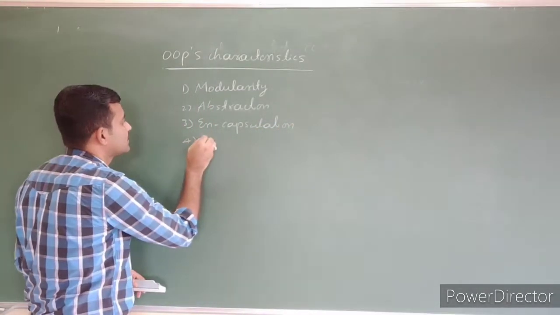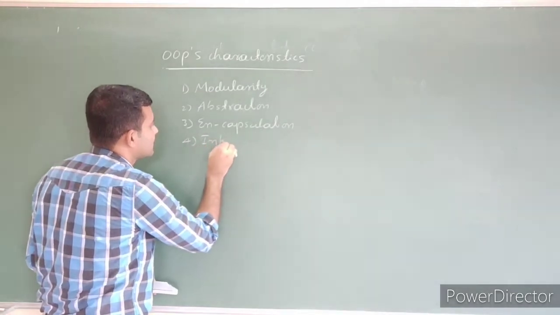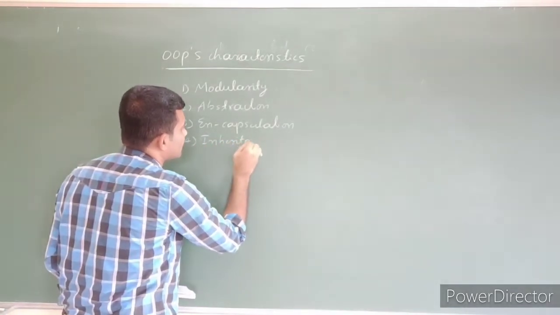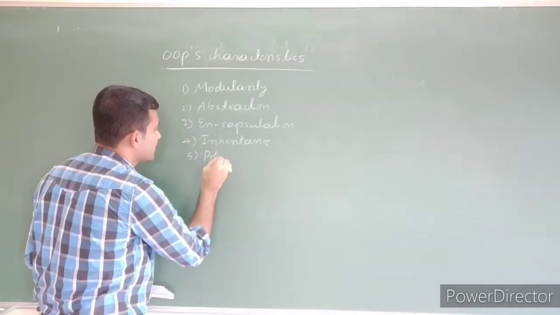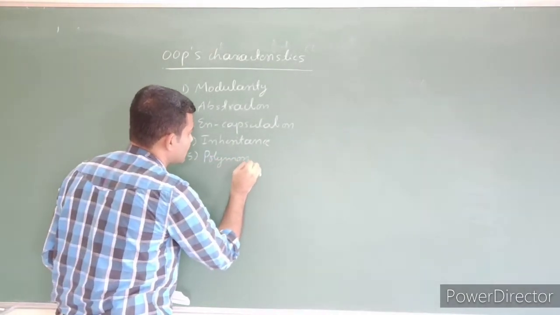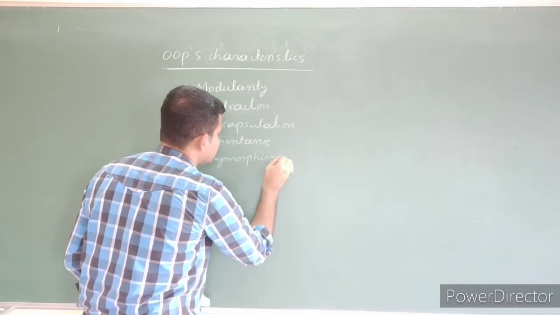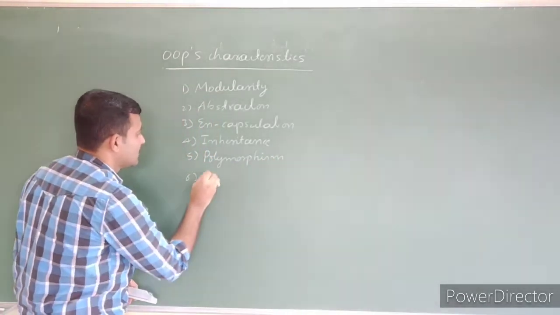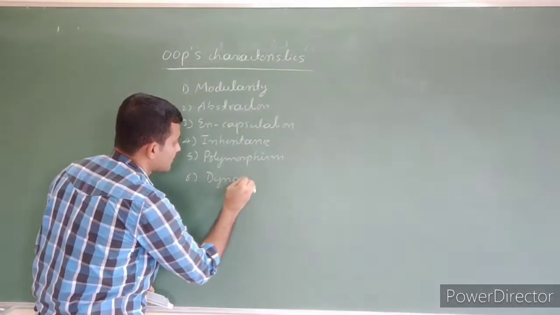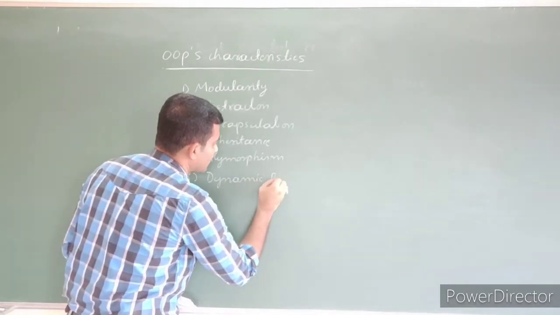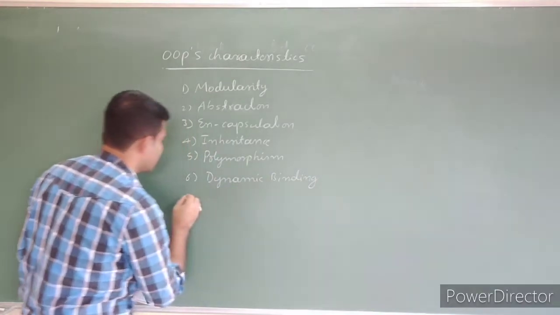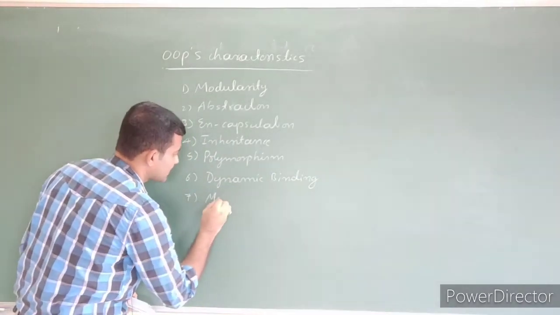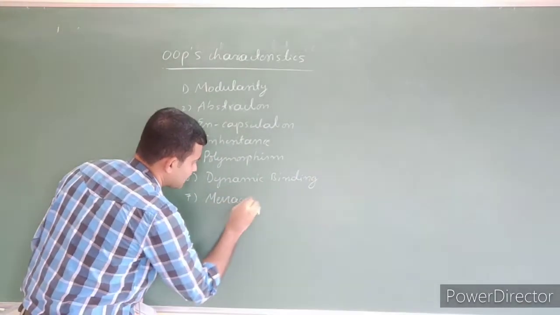Fourth is inheritance. Fifth is polymorphism. Sixth is dynamic binding. And seventh is message passing.